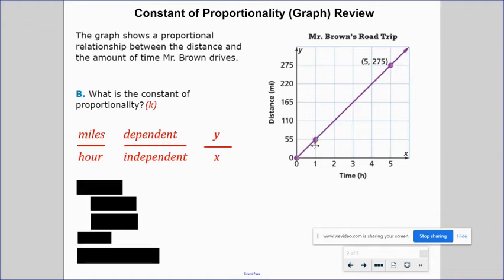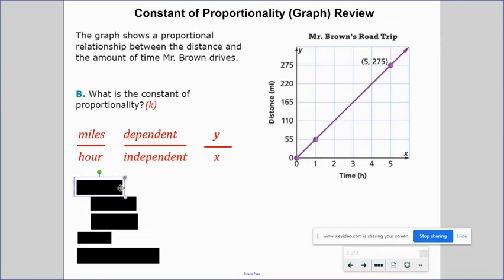So our first piece of information besides the origin, our y coordinate is 55, our x coordinate is 1, and just like when we were looking at our unit rate yesterday, we would divide 55 by 1.